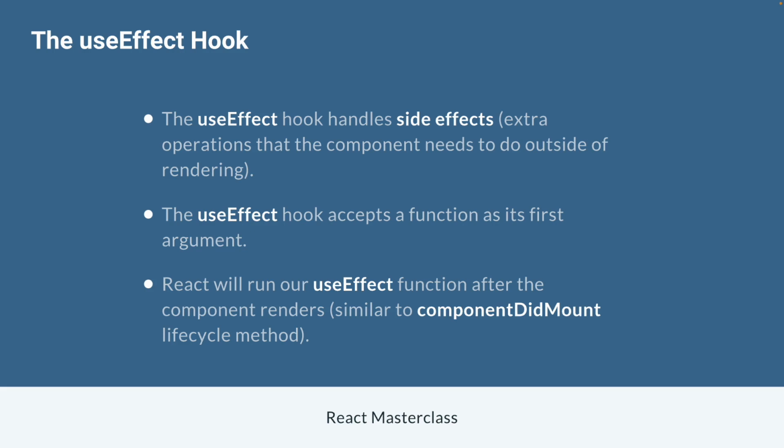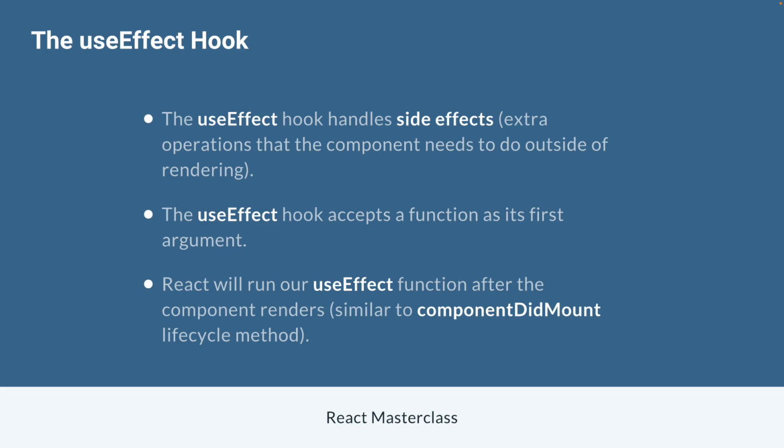And in React functional components, for any kind of side effects, such as making API requests, we do that logic using the useEffect hook. The way it works is the useEffect hook accepts a function as its first argument, and React will automatically run that function that we pass to the useEffect hook after the component initially renders.